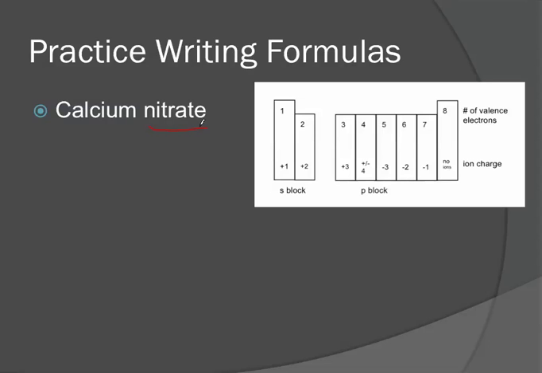So let's look at calcium. Calcium is in group 2, so the ion is Ca plus 2. And now you have to look at your polyatomic ion sheet. And nitrate is NO3 minus 1. So we've written our ions, now we drop. We ignore the positive and negative signs now, and swap.